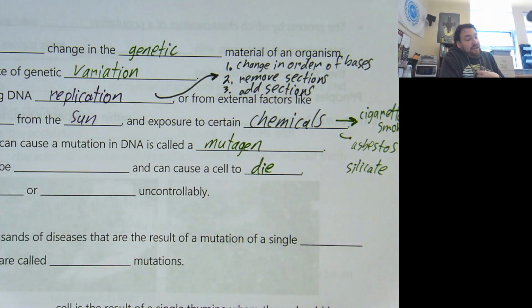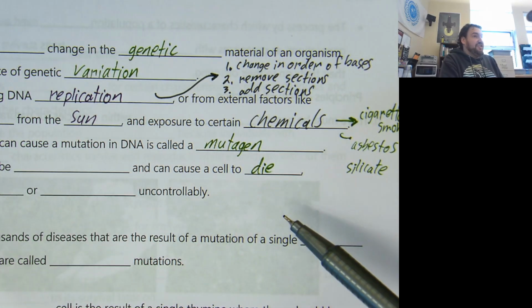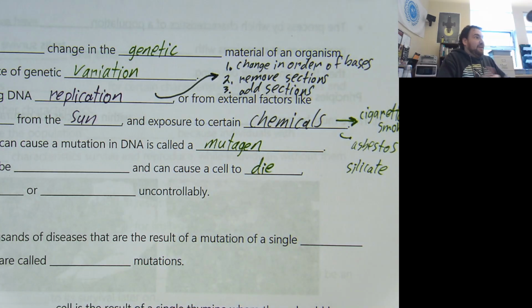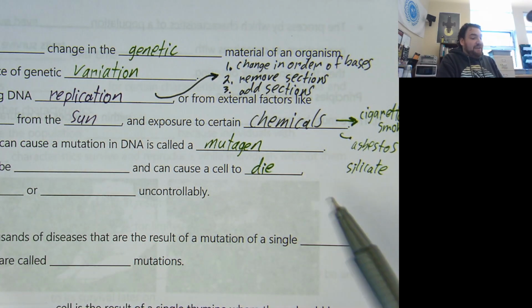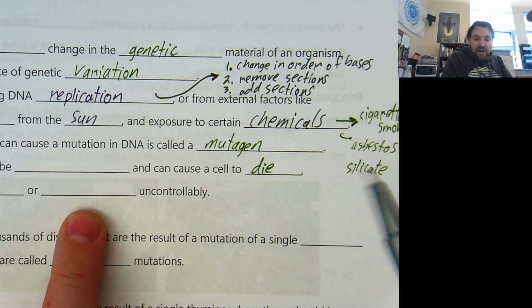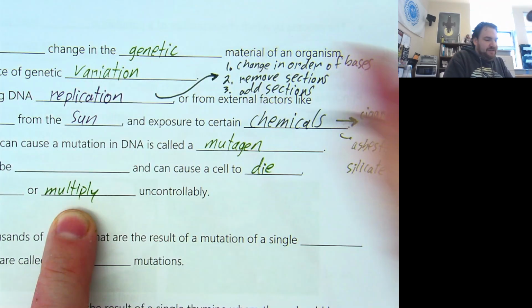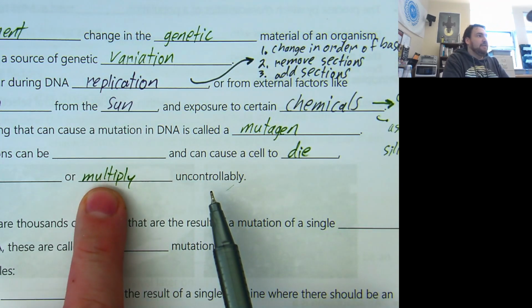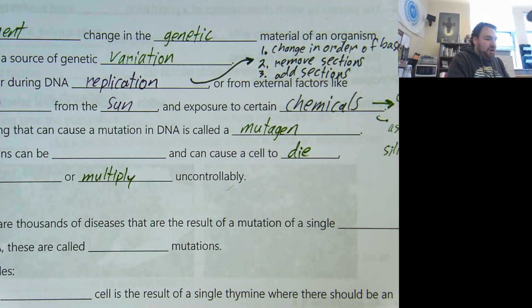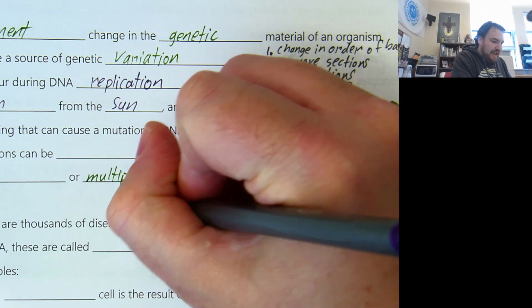Because if I inhaled a bunch of silicate dust and those lung cells just die, they're going to get replaced by new lung cells and I'm not going to worry about anything. But if they trigger a mutation that causes them to multiply uncontrollably, this is where all of a sudden you now have cancer.